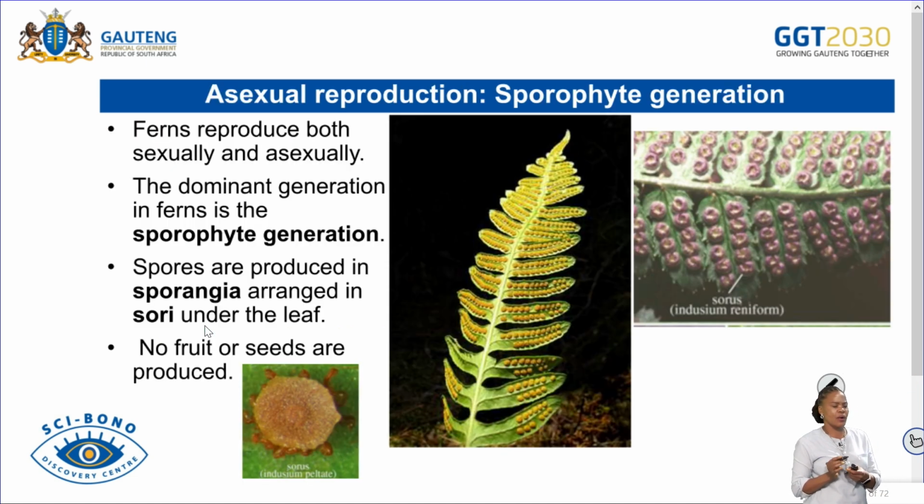Now, when we check the reproduction of the ferns, they reproduce asexually by means of what? Of spores. They can also reproduce sexually by means of fusion of gametes. Now, the asexual reproduction takes place on the sporophyte generation, which we said is the dominant generation of our fern plant.